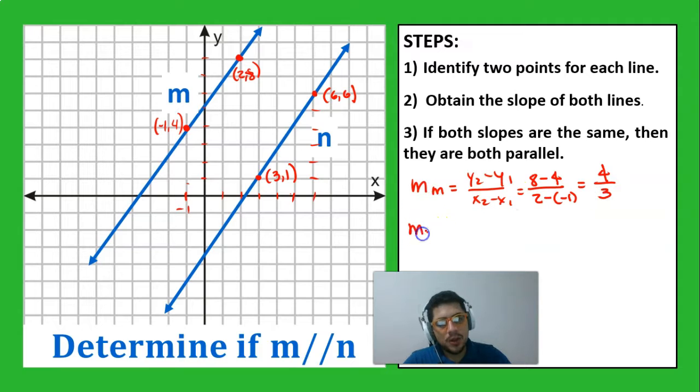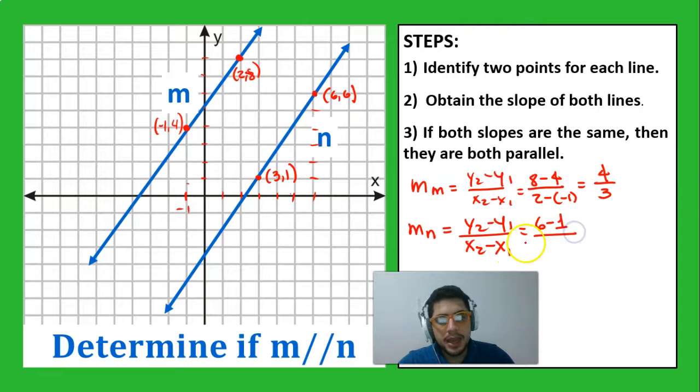And then the slope of N is going to be y2 again minus y1 divided by x2 minus x1. So y2 is going to be 6, y1 is going to be 1, x2 is going to be 6, and x1 is going to be 3. 6 minus 1 is 5, and 6 minus 3 is 3.